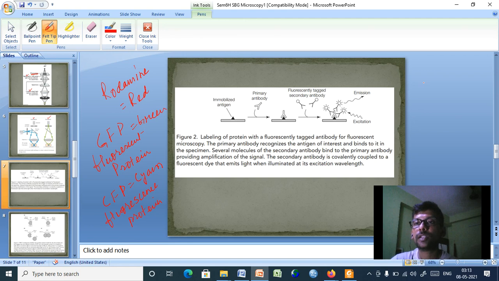And the last one, YFP, or yellow fluorescence protein. So these are all various types of protein. We have to know these to understand its mechanism.